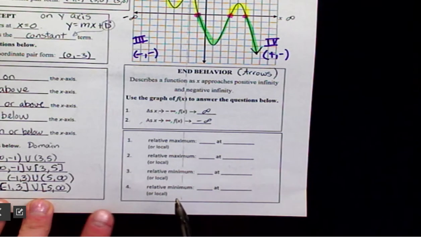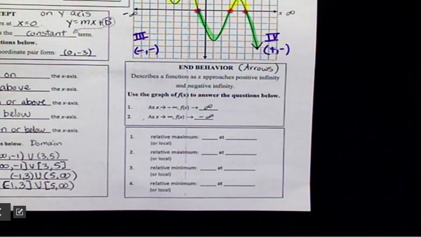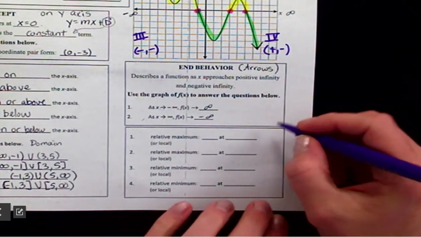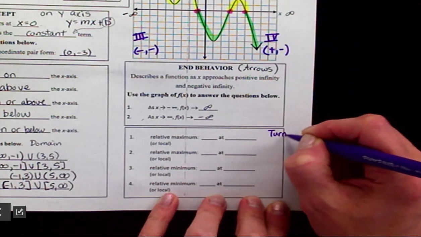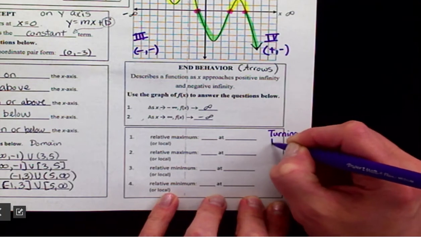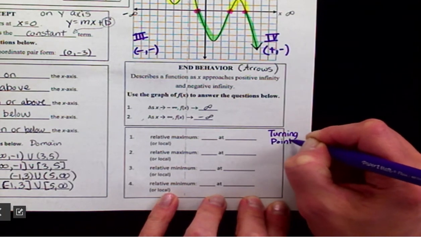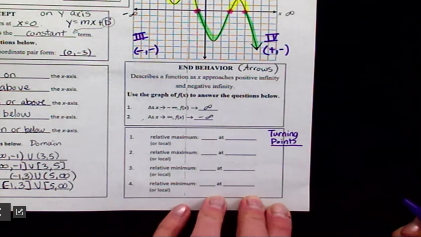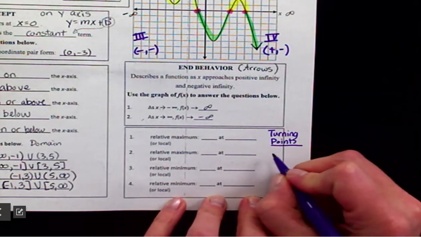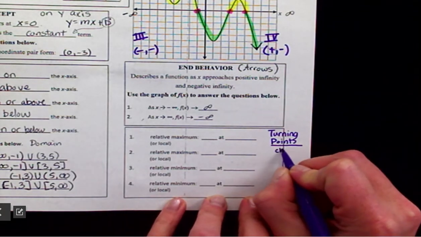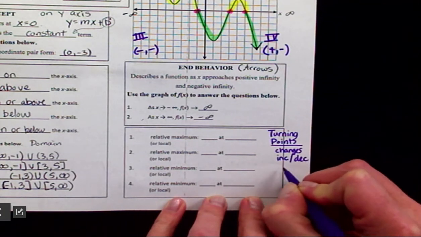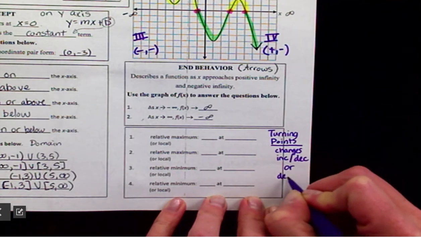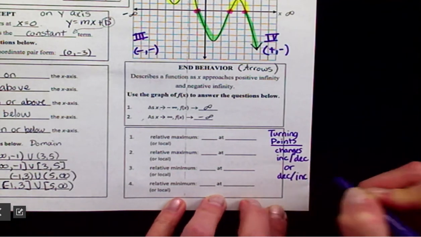Maximum, maximum, minimum, minimum. These are actually turning points. Okay. Turning points is where the graph changes, increase, decrease, or decrease, increase.